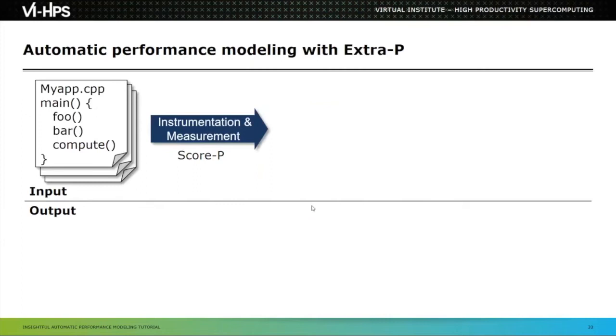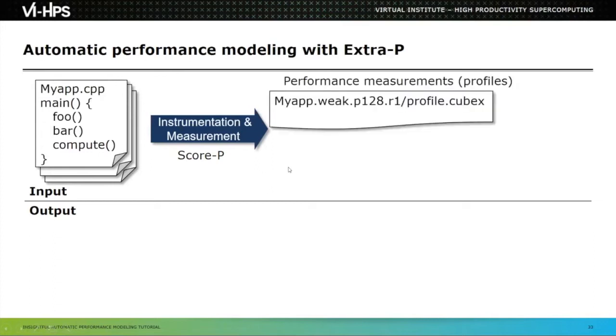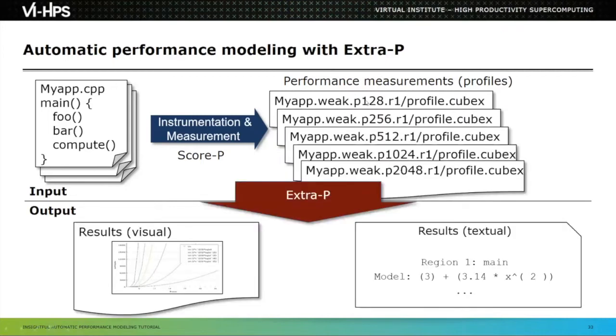Okay, so how do we do performance modeling with Extra-P? A little recap here. First of all, we need our performance measurements, and then we do the instrumentation of the application to get them. For example, we use Score-P for that. Then we get measurements. In the case of Score-P, we get a cubex or cube profile file. You will get several of these. As I said before, we measure different configurations. So with this profile file, you can see the parameter P and how it changes.